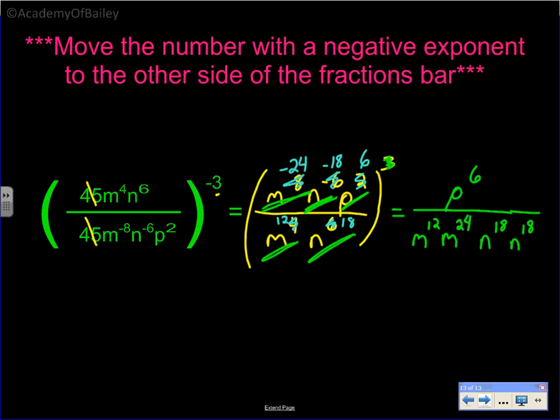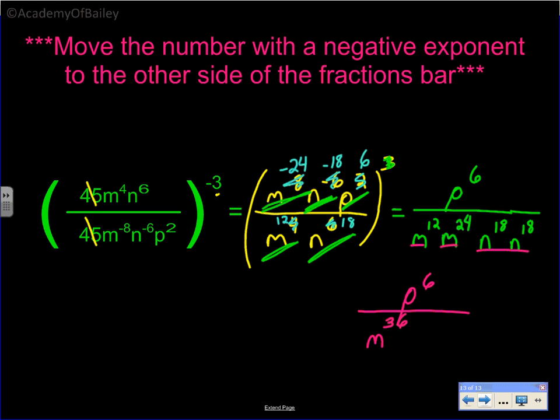Go ahead and simplify this here. P to the 6th stays on top. M to the 12th, M to the 24th, they have the same base, so we add those exponents. 12 and 24 make 36.